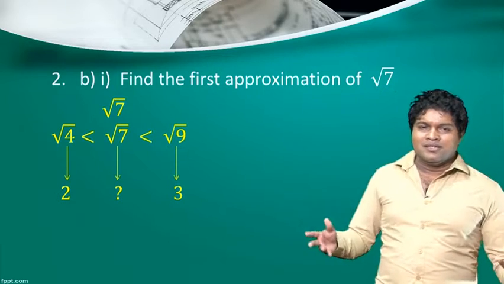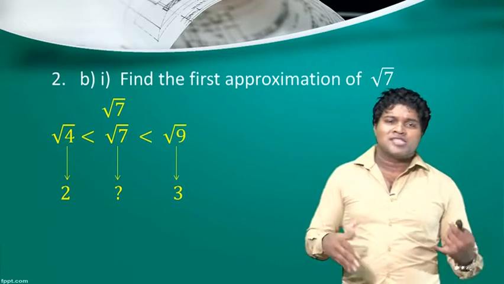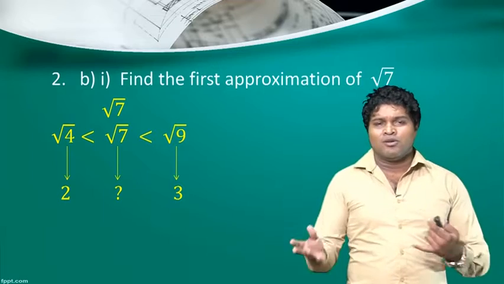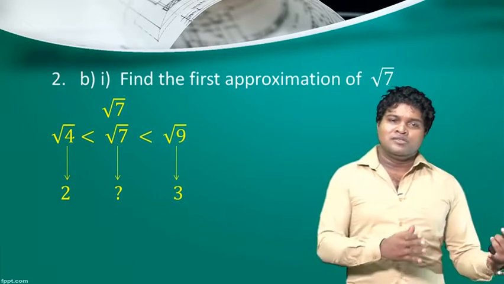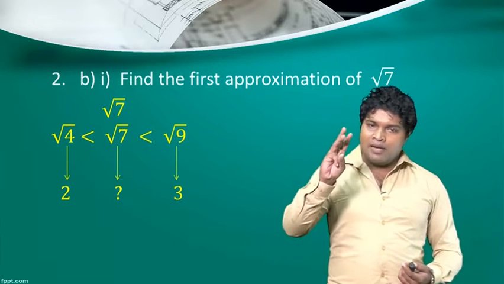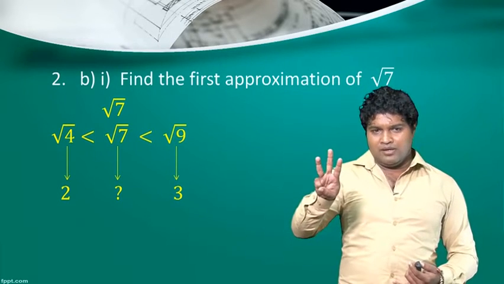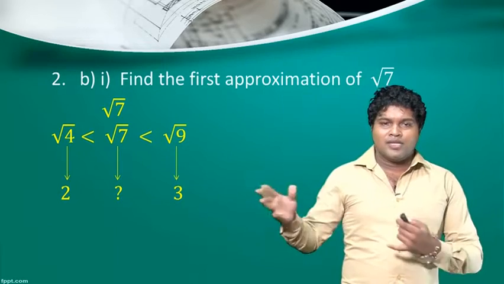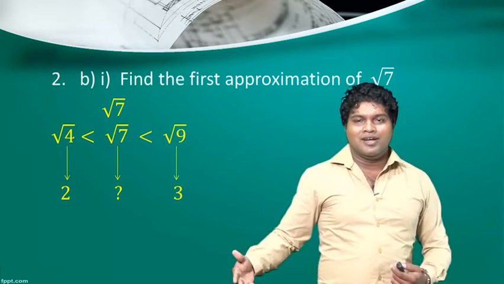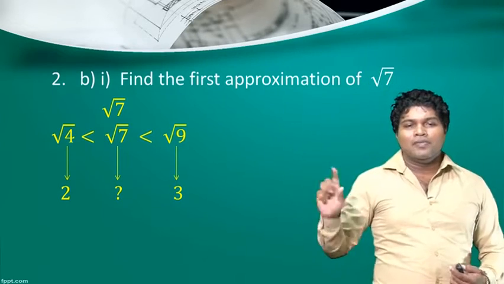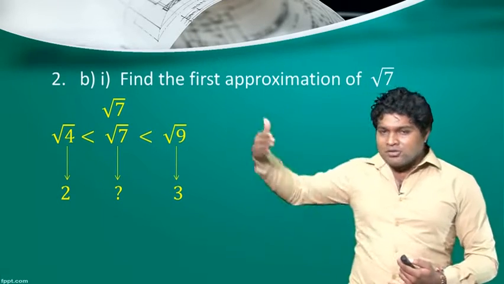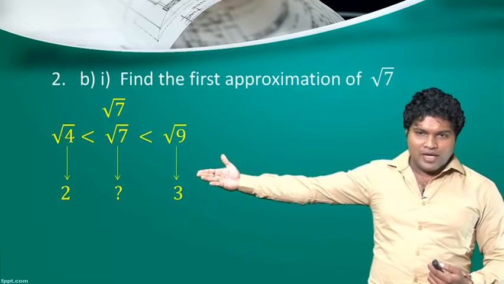You have to ask which number is close to 7. Between 4 and 7 there's a gap of 3. Between 7 and 9 there's a gap of 2, since 8 is the only number in between. Therefore the answer should be closer to 3 than 2, I think.